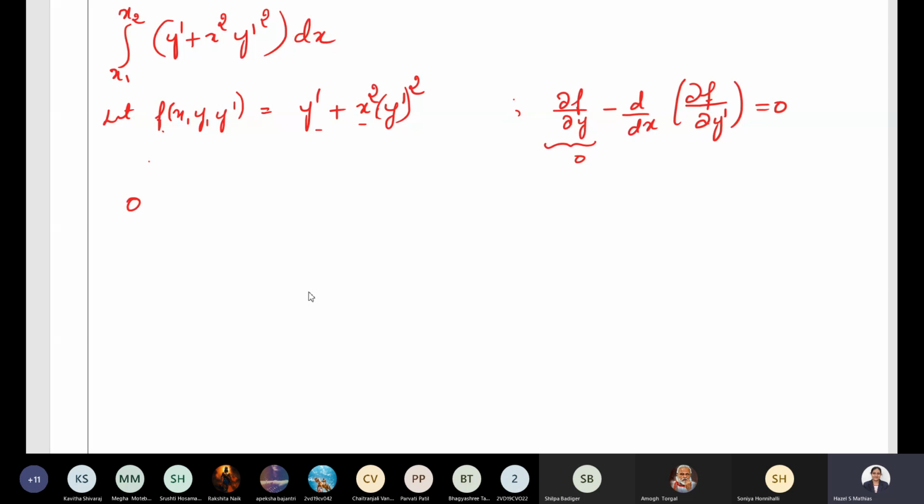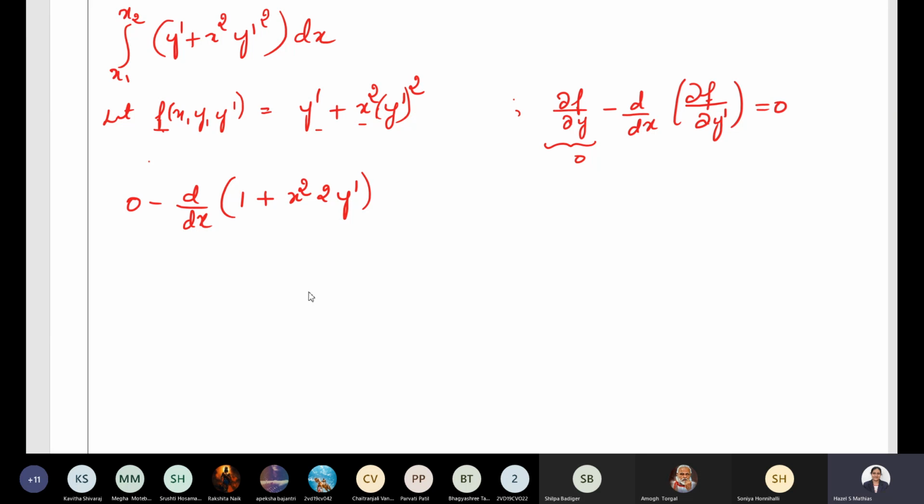So ∂f/∂y will become 0, minus d/dx of ∂f/∂y'. Differentiate f with respect to y'. Differentiation of y' with respect to y' is 1, plus x² will remain as it is. Then differentiation of y'² with respect to y' will be 2y'. Am I correct?